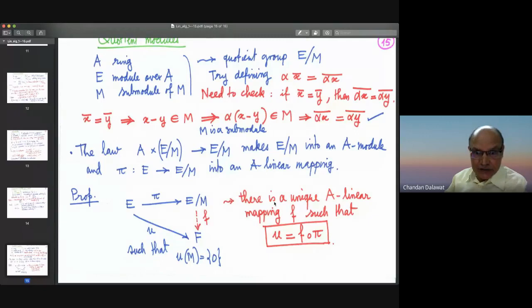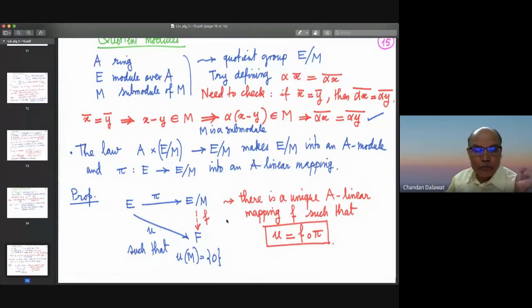Now, here is what is called the universal property of quotients, right? When I make E modulo M into an A module in this fashion, the projection of E onto E modulo M becomes an A linear mapping. I could have also said that there's a unique structure of A module on E modulo M, which makes this mapping pi A linear.